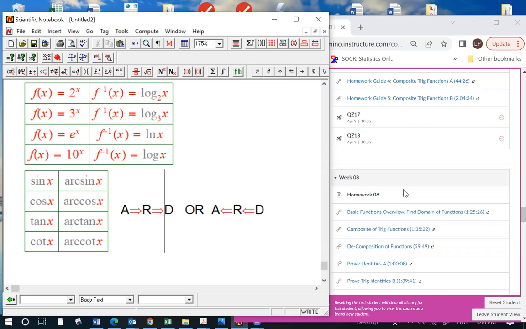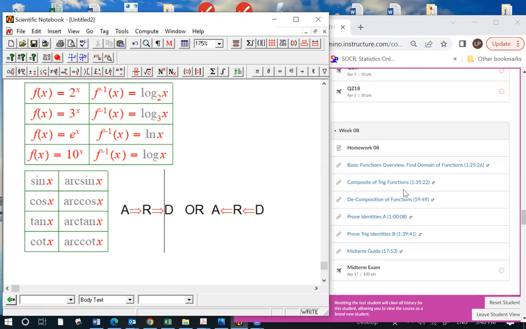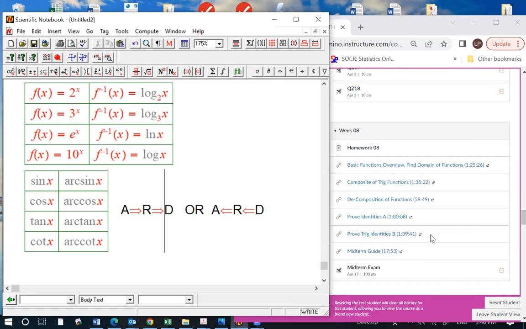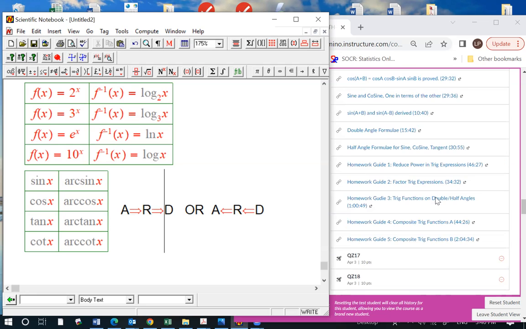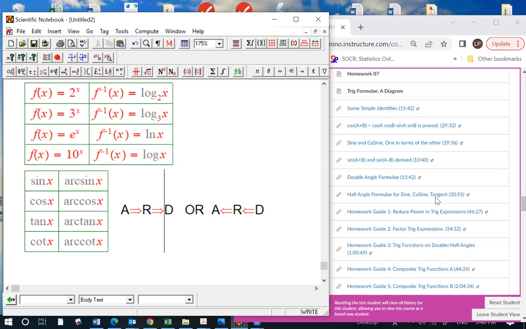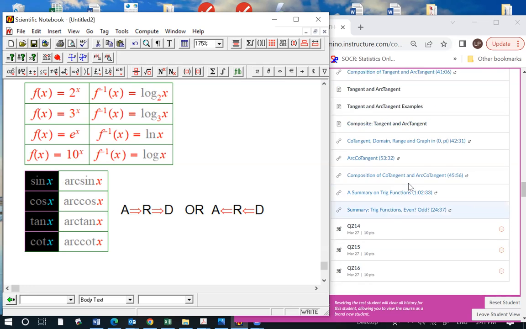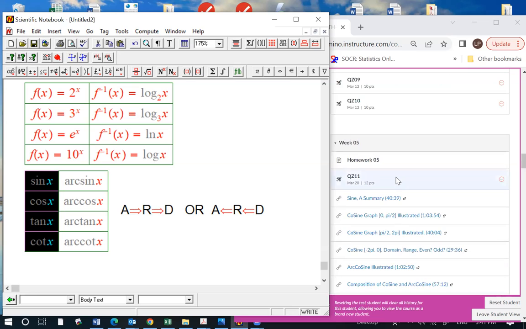So even after week number 8, we talk about trig functions again, but from week 3 to week 7, we talk about these trig functions, why the domain is so, the range is so, and the domain and range for all of these functions. So that's what we have talked about in this semester on composition, right? So it took us from week 3 to week 7.